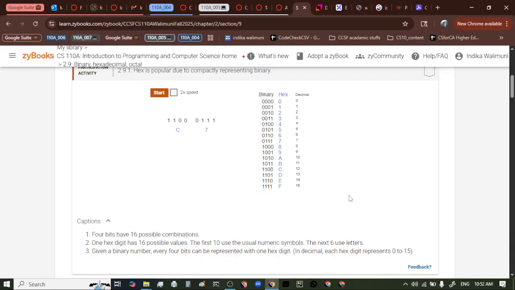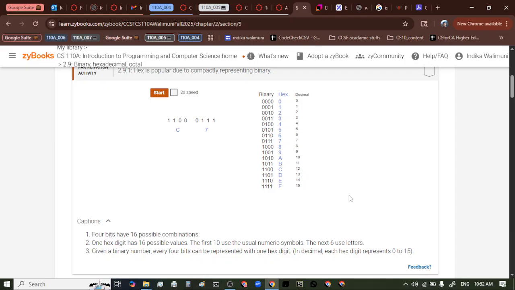Okay? So that way, you can group them in 4 bits because one 4-bit combination of binary value is a single hex digit, right?